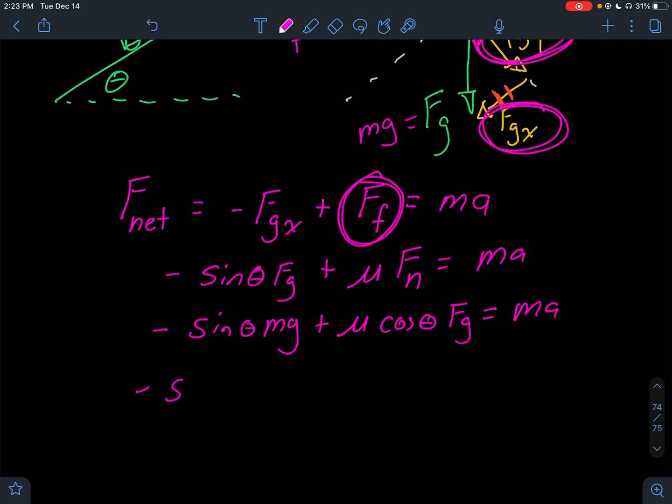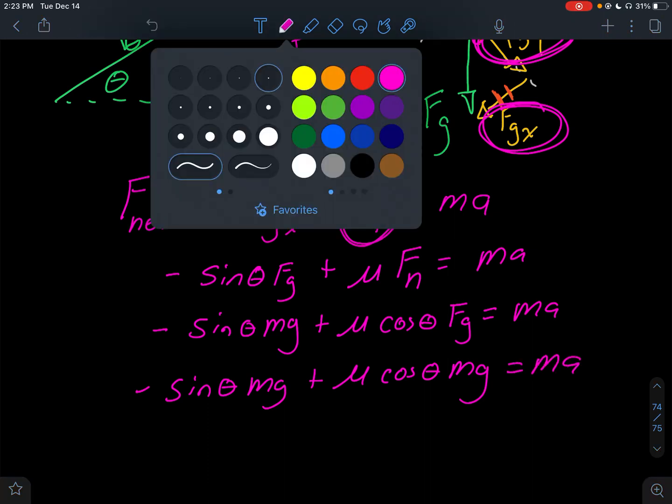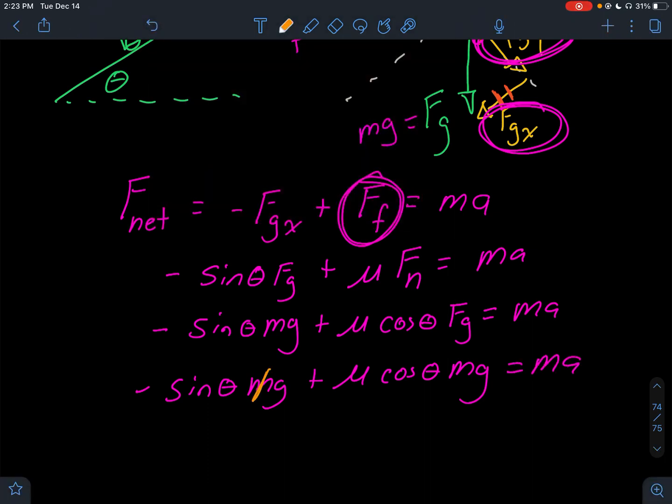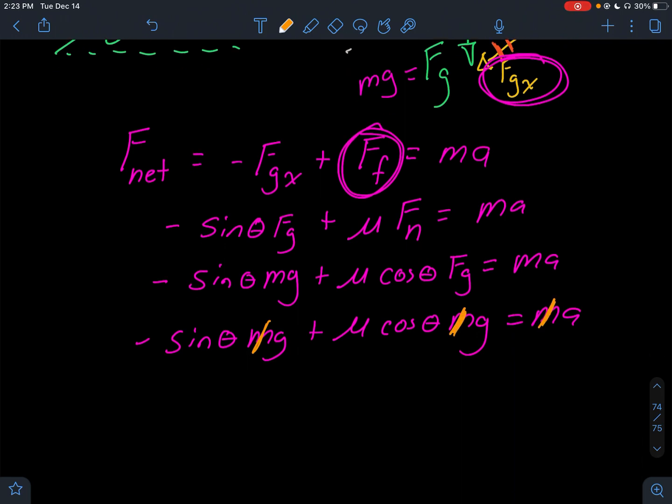I can go one step further and say Fg equals mg. And we now see that everybody brought mass to the party. So we could take mass from everybody. And now we can actually say that acceleration is 0.